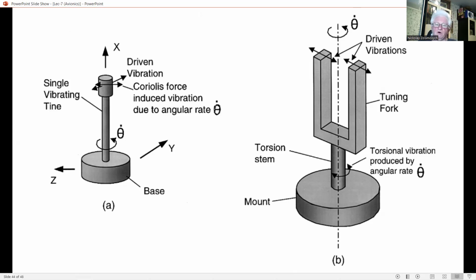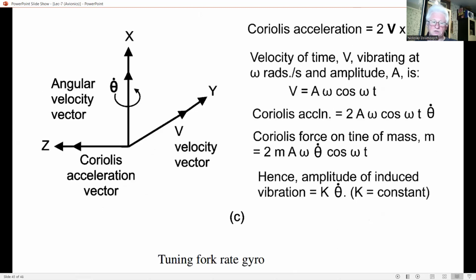The amplitude of the torsional oscillation about the x-axis, or input axis, is directly proportional to the input rate. To obtain maximum sensitivity, the size and shape of the tuning fork stem is such that the torsional vibration frequency of the tuning fork about its axis of symmetry is identical to the flexural frequency of the tuning fork.